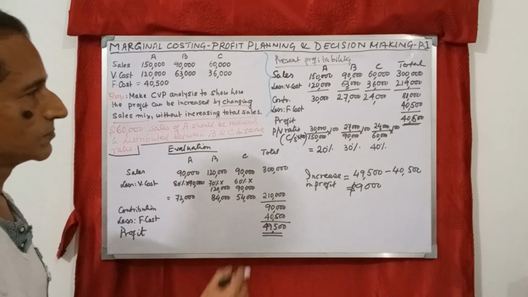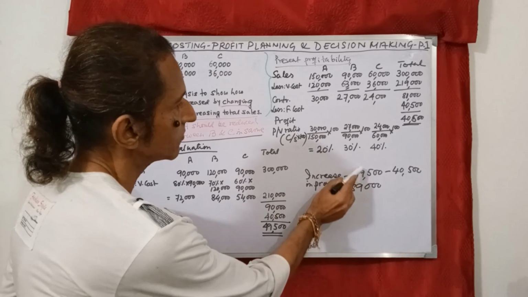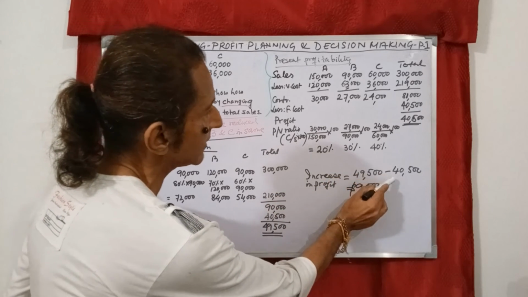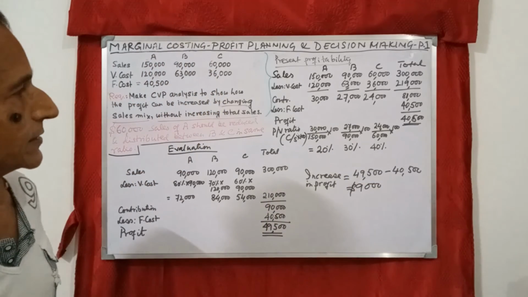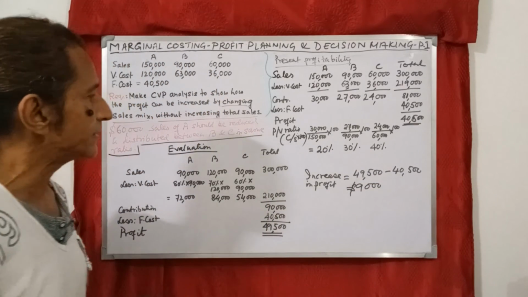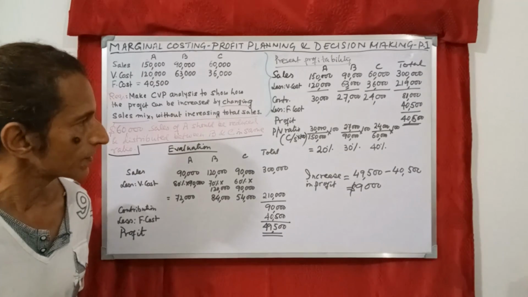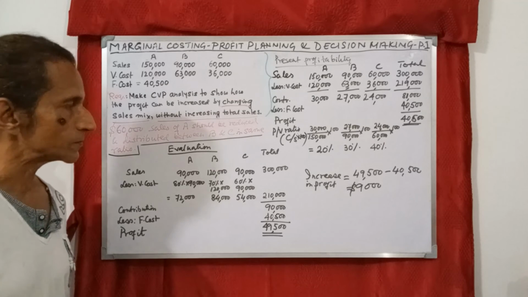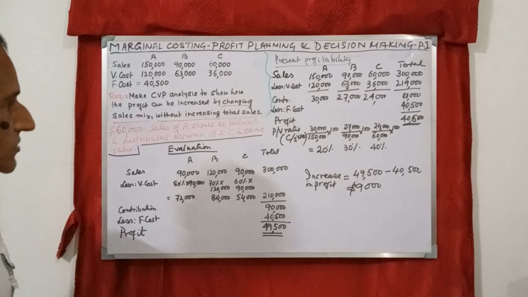So there is an increase in profit by 9,000, 49,500 minus 40,500 is 9,000. So by implementing the decision, the firm can increase its profit by 9,000, which means increase in cash flow too. So the decision can be implemented. It is a feasible proposal of the management.